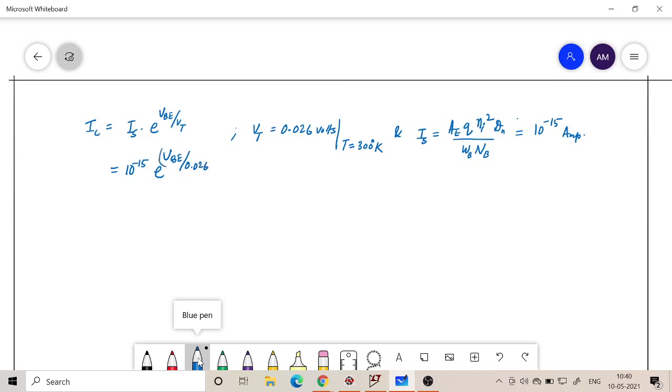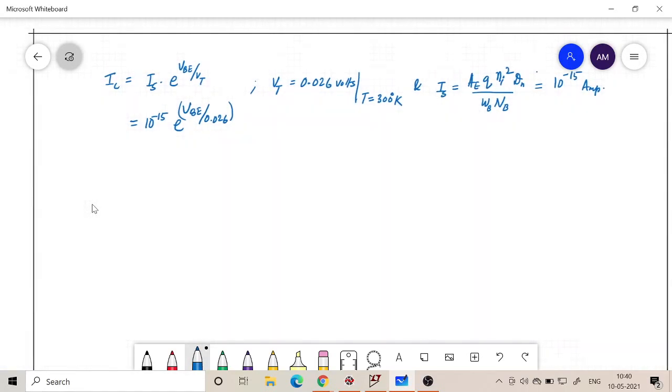So this is the ratio of voltages in the exponent, and since it is in the exponent, if VBE is much larger than 0.026, we are going to get a very large current. And we looked at the characteristics IC versus VBE, and we got something very similar to the diode characteristics.